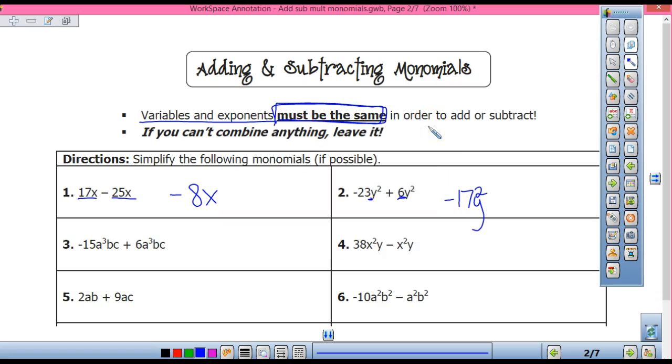All right, so I have a cubed bc. Here I have a cubed bc. Are they exactly the same? Yes. So combine them. Negative 15 plus 6.